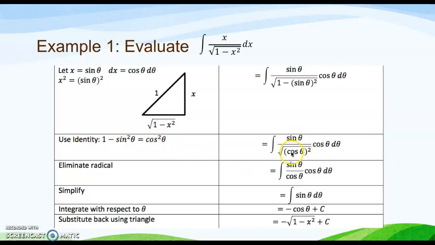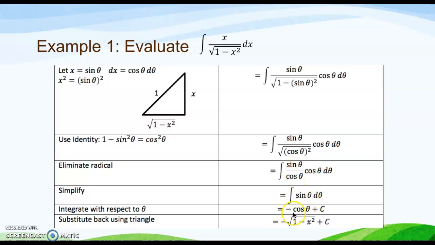So we have sine theta over the square root of cos squared theta, multiplied by cos theta d theta. Here power 2 multiplied with square root gives 1, so you get sine theta over cos theta. You can cancel out cos theta over cos theta equals 1. So it will leave sine theta d theta.